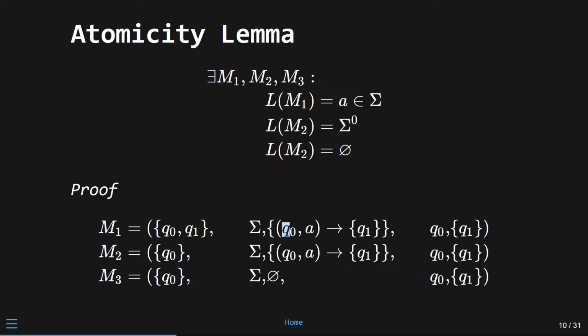From Q0, if we read A, we go to an accept state, and then that is our only accept state. Simple. For the next one, we want to accept only the empty string. Oh, and this is wrong. That should just say Q0. That's all. We accept immediately if we read nothing, and we reject otherwise.